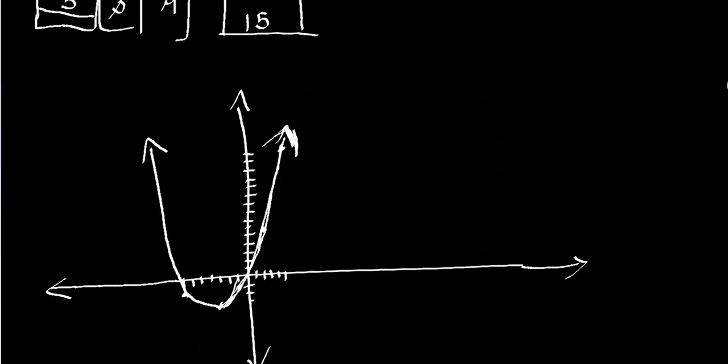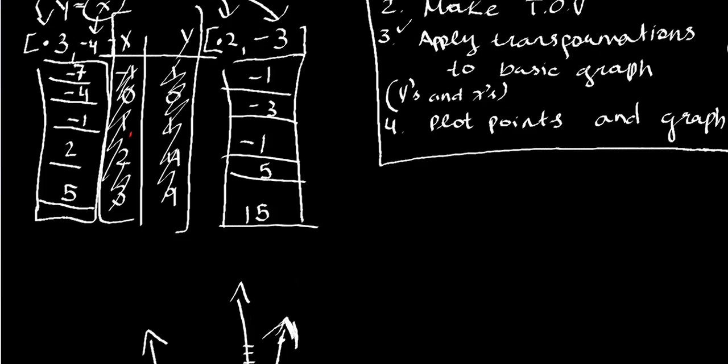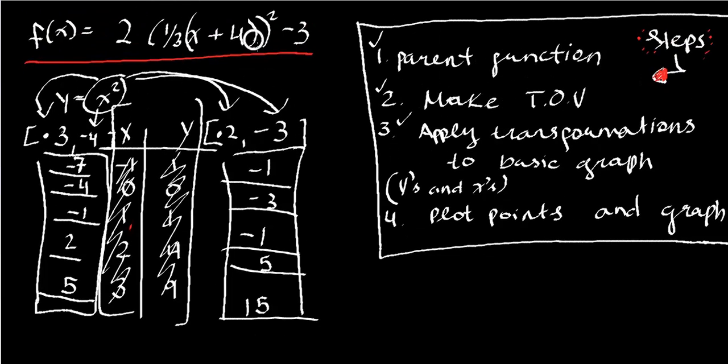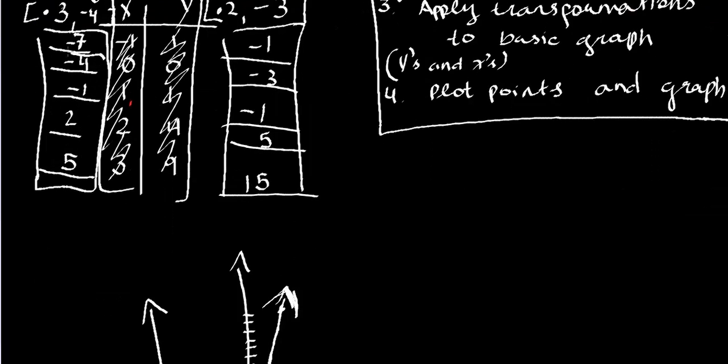Alright, so that's how, and just a little note, you can find your vertex, because this is in vertex form, right? So your vertex is right here, -4, -3. We even have it, -4, -3.